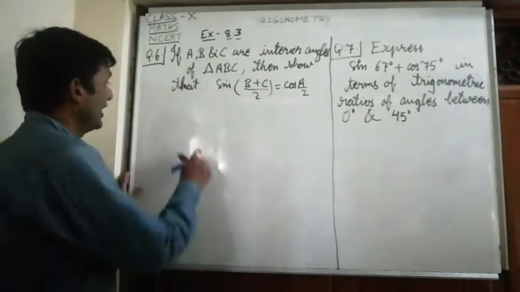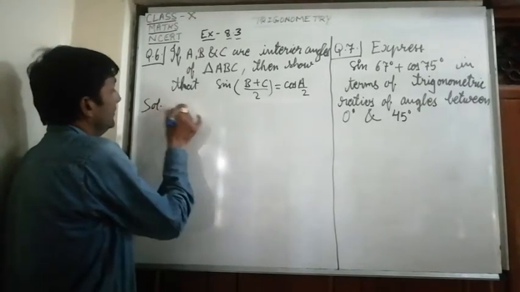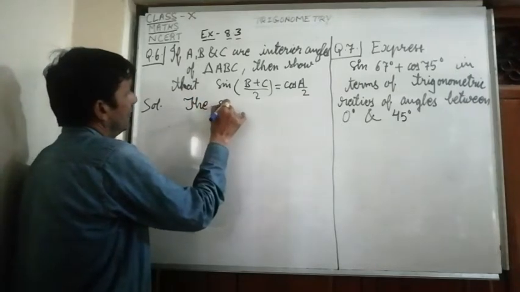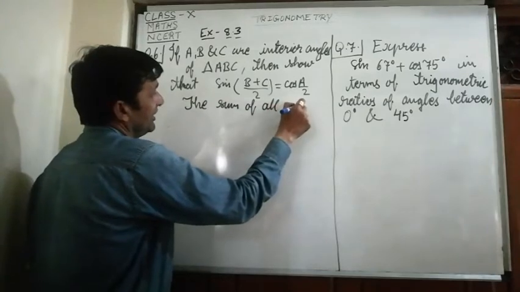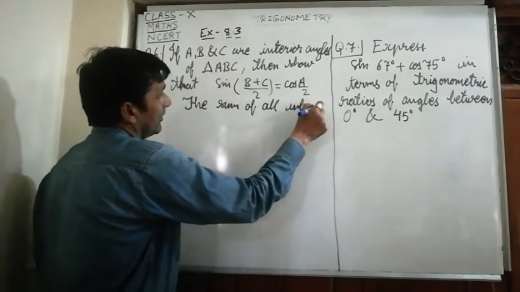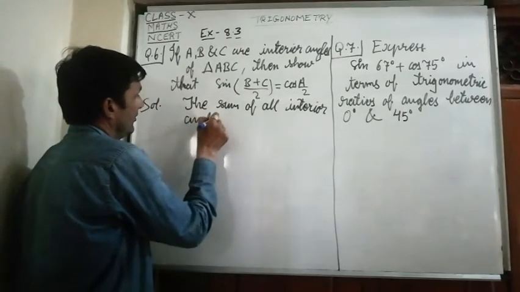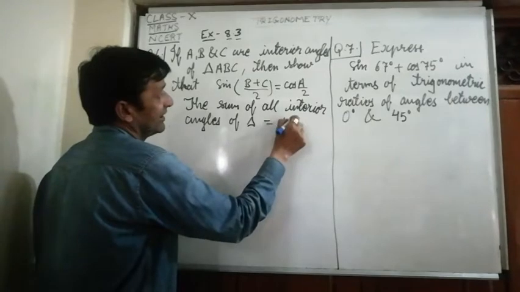So first of all, let me tell you that in solution, the sum of all interior angles of a triangle is equal to 180 degree.